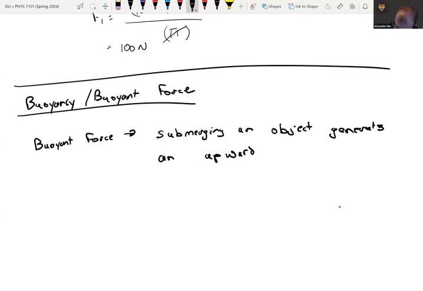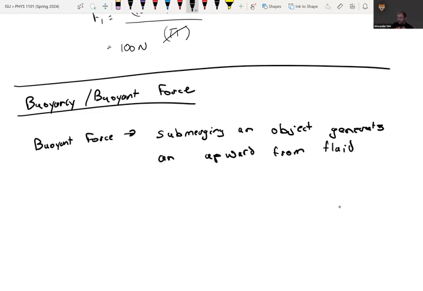The reason is that in order to submerge an object, you have to push fluid out of the way. And a lot of times that means you have to raise the fluid up. If the fluid could go sideways, it would do that of its own accord.